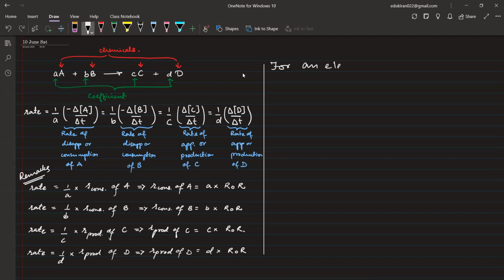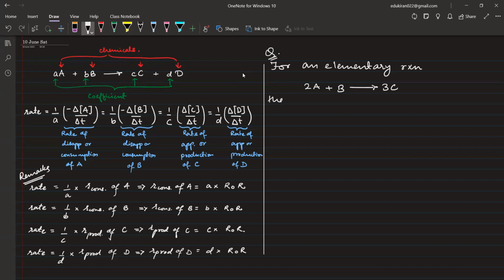Is right for an elementary reaction. आप सब कर लीजिएगा तो फिर ये सवाल लिखिएगा. 2A plus B giving 3C.